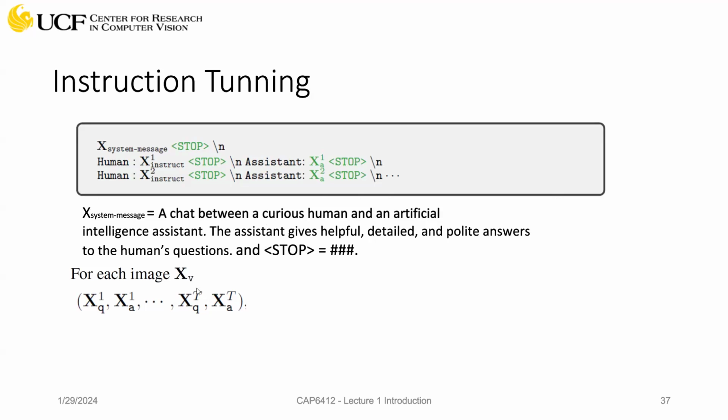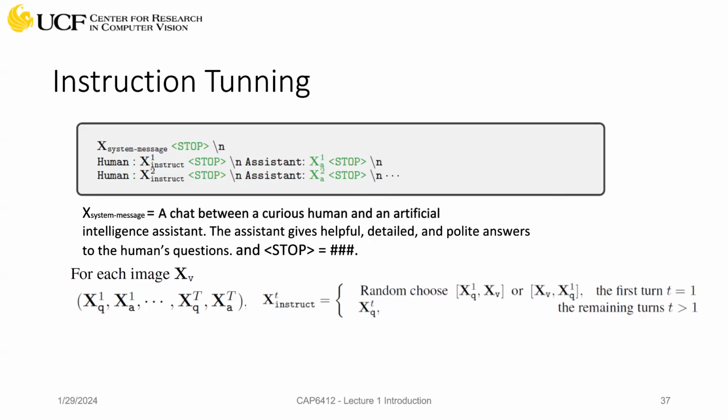First question, first answer, and so on up to T, where T is the number of turns. So in the first turn, we will randomly choose the image and the question, or the question and image, and give it to the system. And after the first turn, we will just keep asking questions because it already has the image. Okay, so these are the questions.